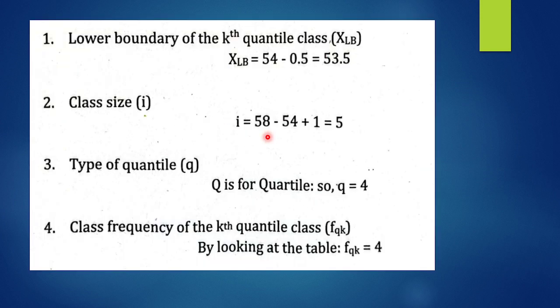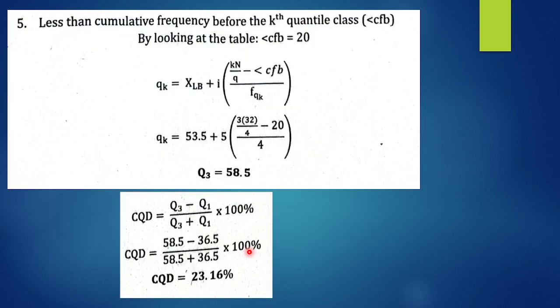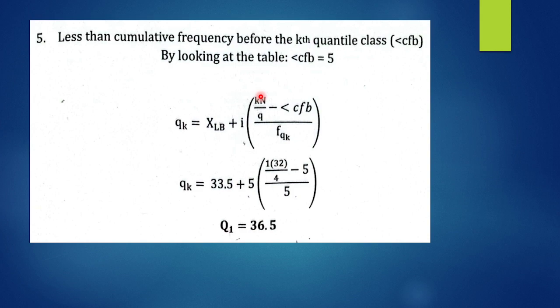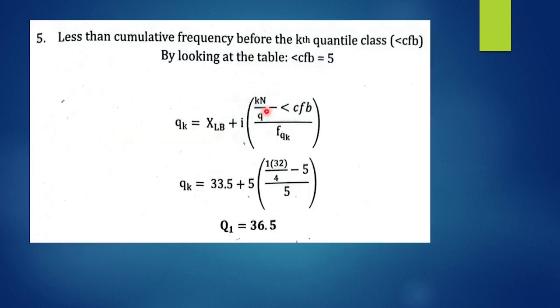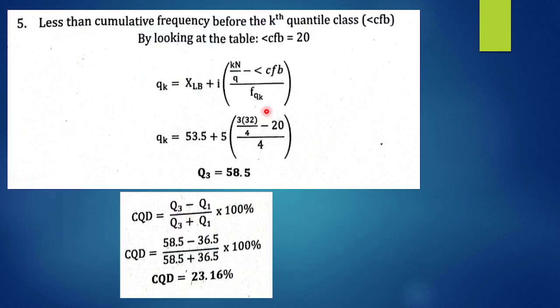Now, let's proceed to the less CFB. The less CFB is 20. Okay, 20. Now, after getting the less CFB, we can say the third quartile is 58.5.